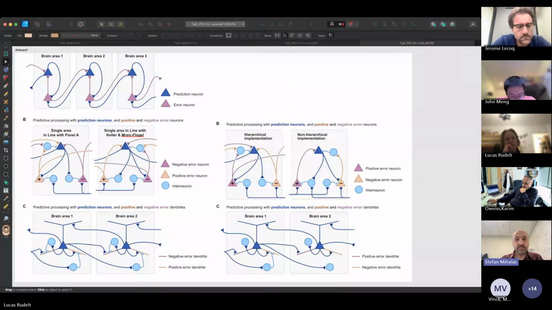And I don't fully understand, to be sincere, how the non-hierarchical model is supposed to work. But that is something which I think would be important to figure out, because from this representation it's very difficult to understand what's the difference.